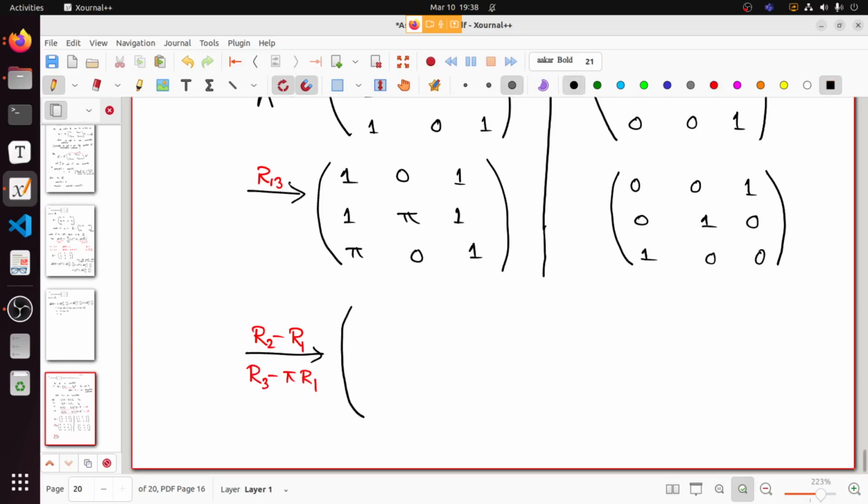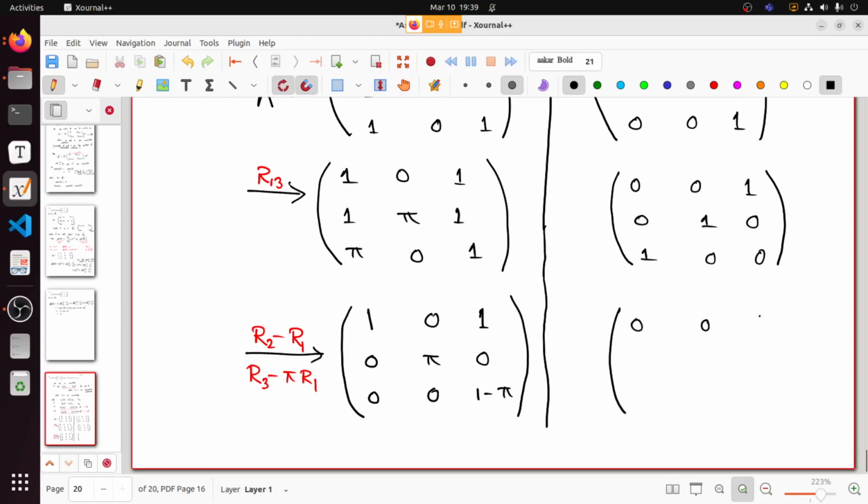So do this, then it will be 1 0 1, it will become 0 pi 0, the third row it will become 0 0 1 minus pi, and this side what it will become, R2 minus R1. So R1, there is no change. In R2, 0, you have to make it 1, and it will be minus 1. Now R3 minus pi R1, 1 0, this will be minus pi, right?